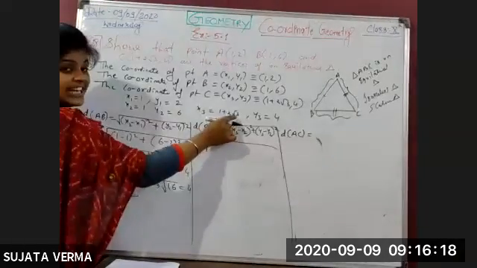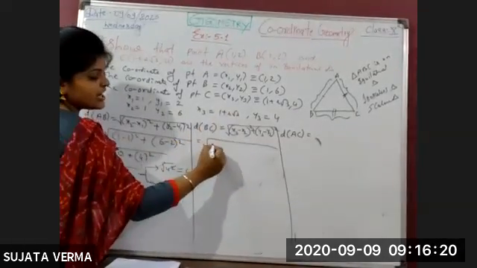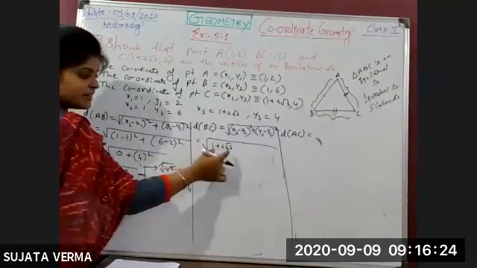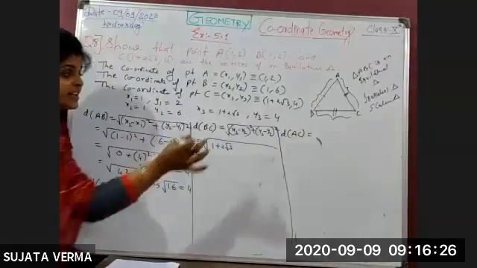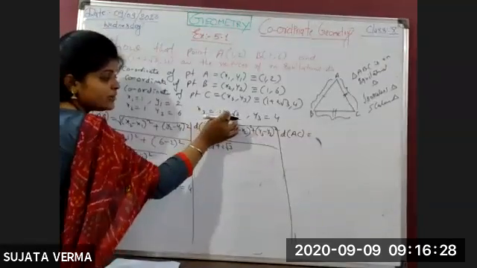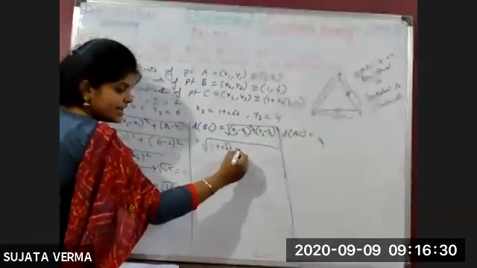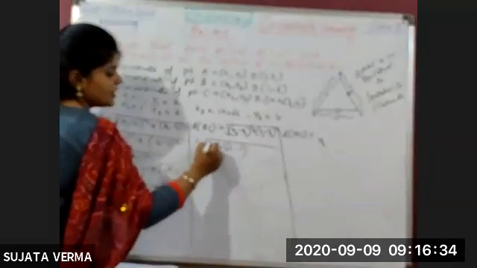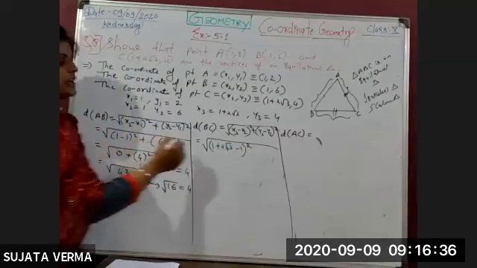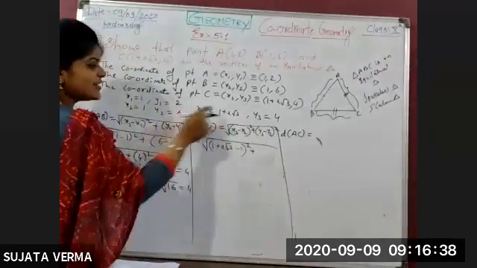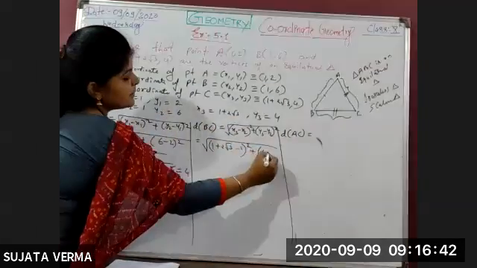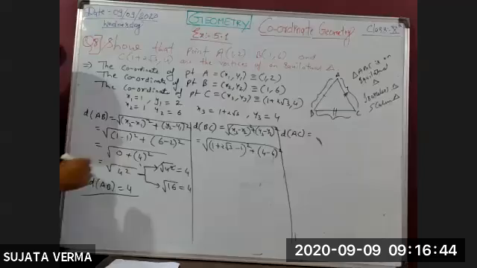Here, an irrational number is there, so we write 1 plus 2 root 3. This one is the value of only x3. x3, that is 1 plus 2 root 3, minus x2, which is 1, square. Plus y3 is 4, and y2 is 6, so 4 minus 6, square.